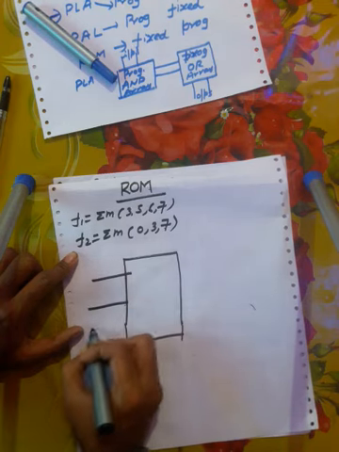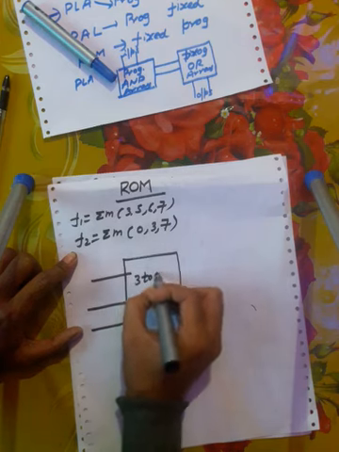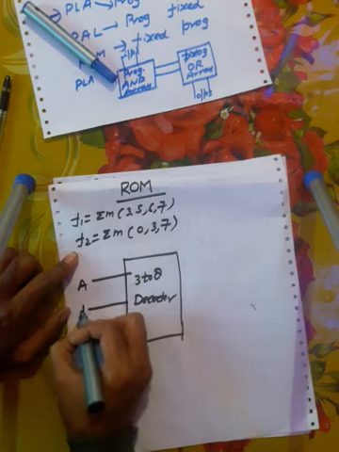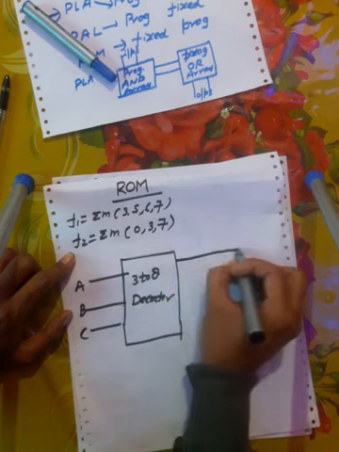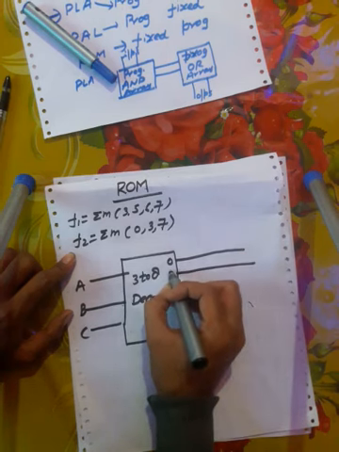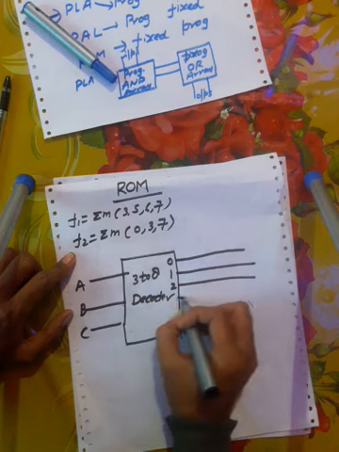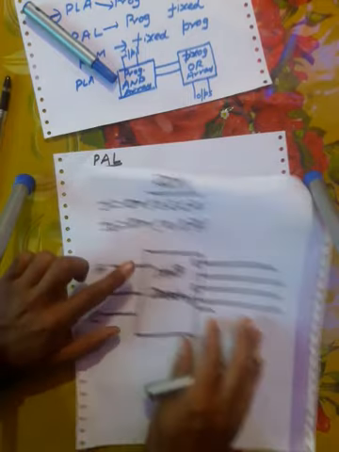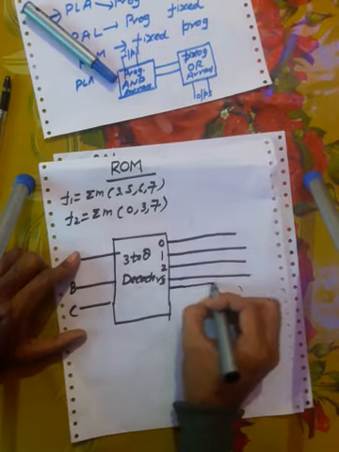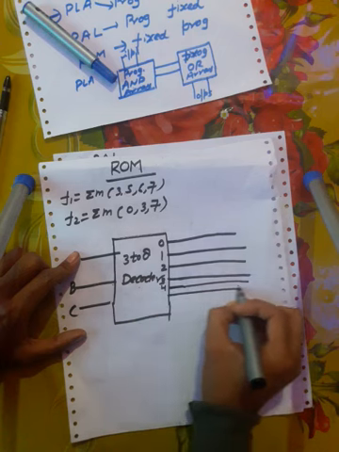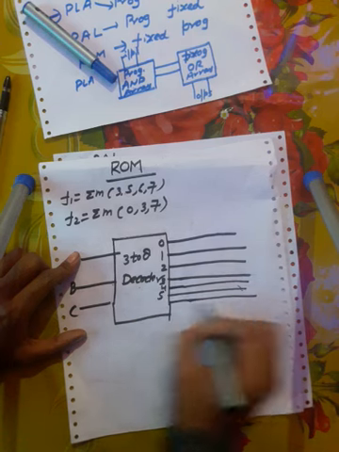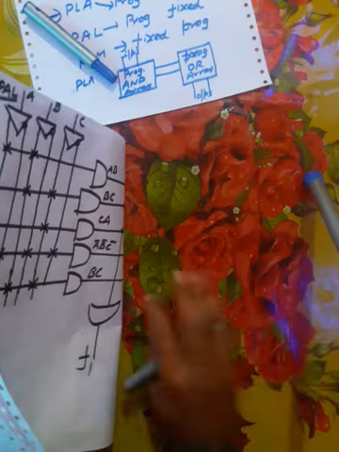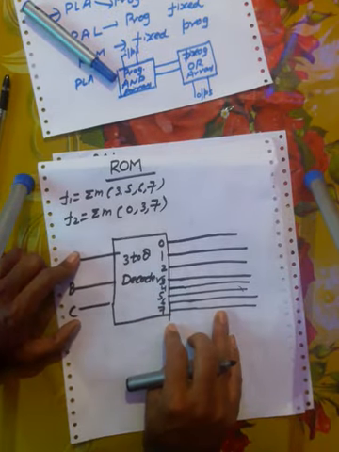This is A, this is B, this is C. Outputs Y0, Y1, Y2, Y3, Y4, Y5, Y6, and this is your Y7.